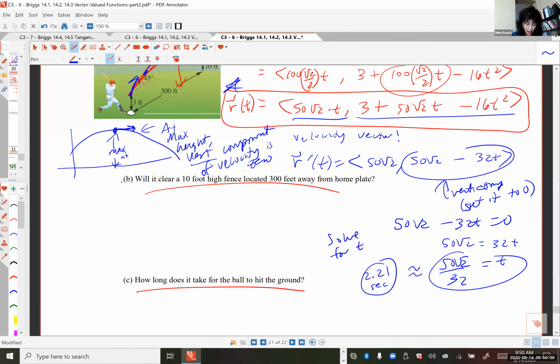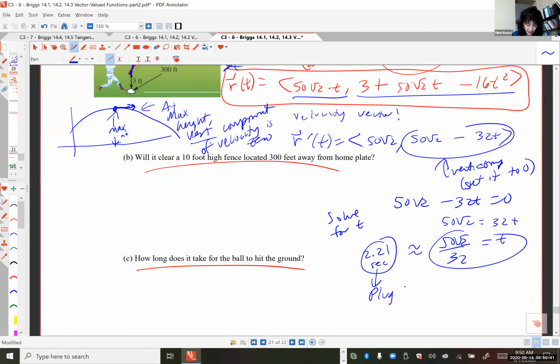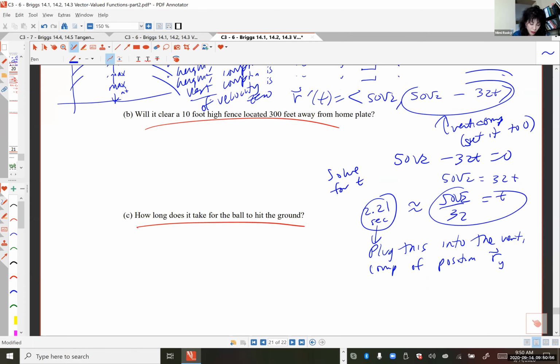So the actual max height is you're going to plug this into the vertical component of position, which some physics books might call Ry, because that's the vertical. Well, the vertical component of position is simply the second component here.